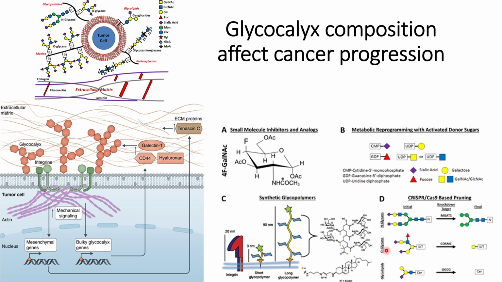For O-glycans, if COSMC is knocked down, then they will not have the sialic acids. And for glycolipids, if UGCG is knocked down, then there are no glycan structures expressed on the lipids. So these approaches can be used to reduce the effect of the cascade of glycocalyx composition on cancer progression.